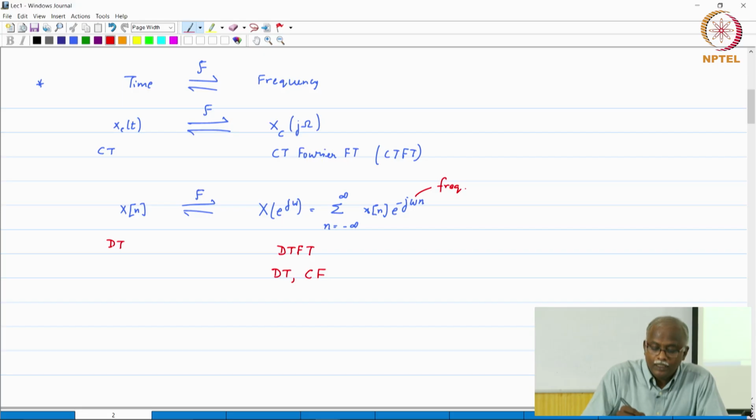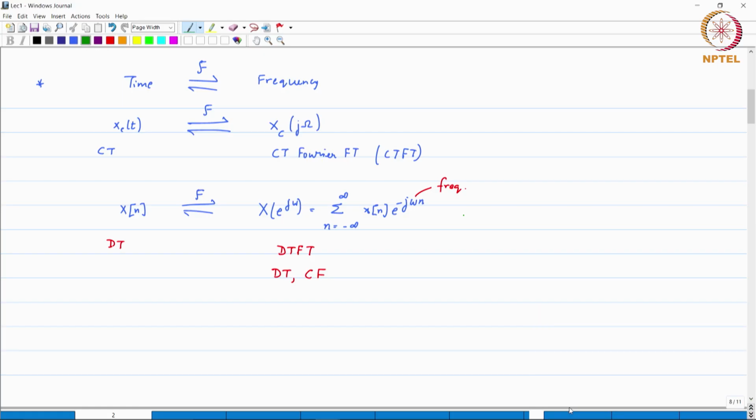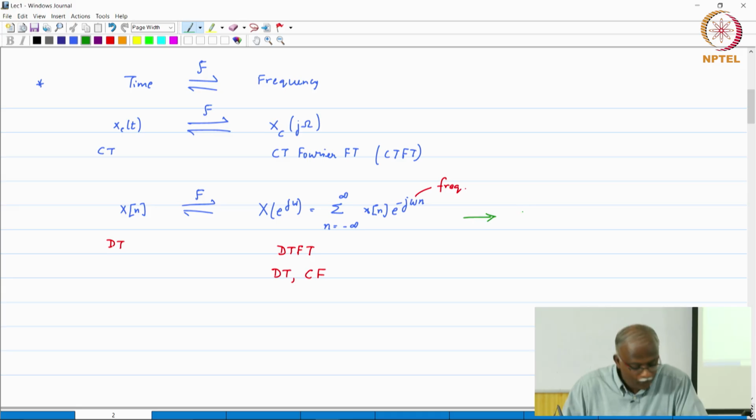Now, the DTFT also leads us to another representation where we have the following: X of k is equal to the summation n equal to 0 through N minus 1 of x of n e power minus j 2 pi over N k n.